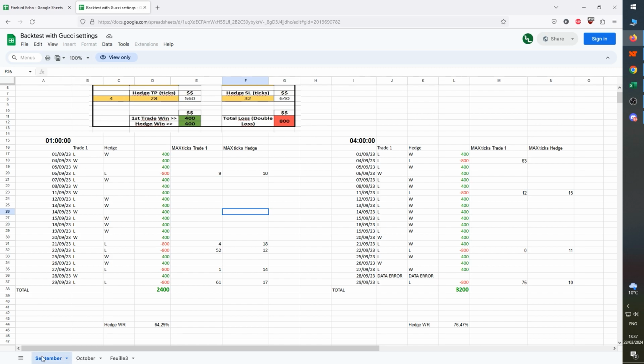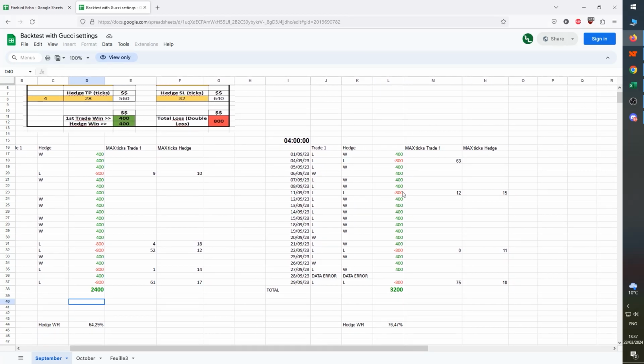So yeah, this is from September last year. Win rate, I don't know, 1, 2, 3, 4, 5. 5 loss. Oh, I can't edit this. Anyways, it's positive. I'm too lazy to calculate that.